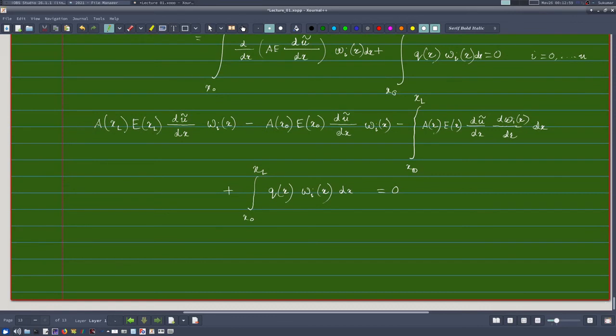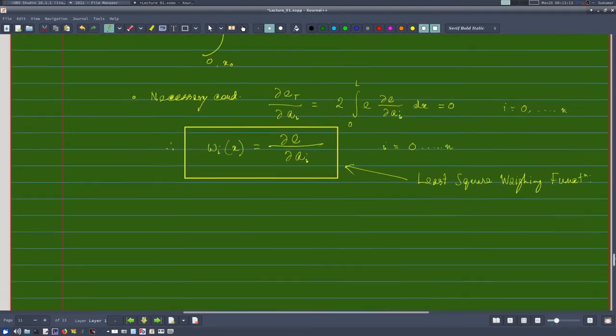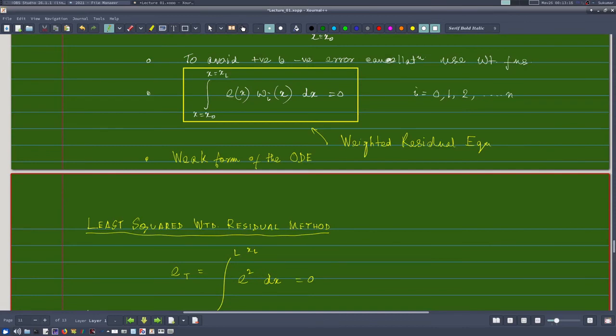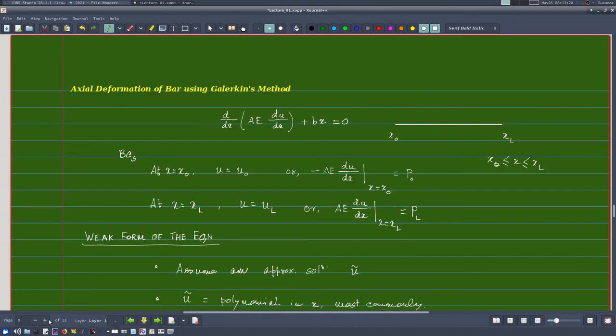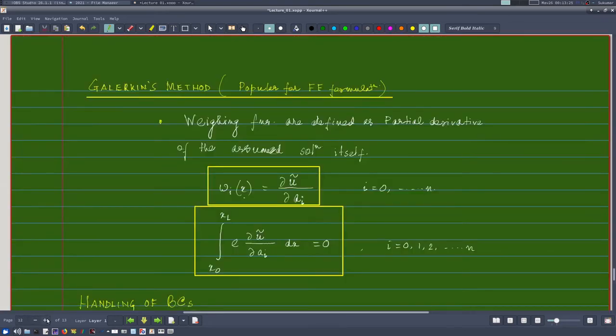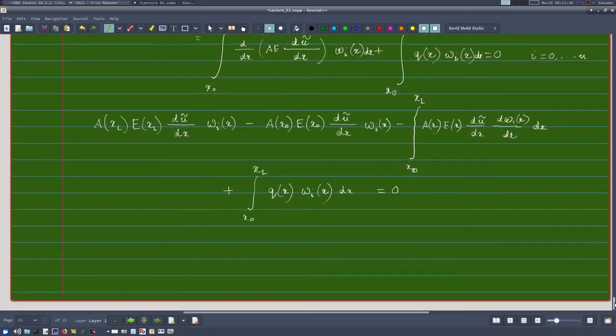So for our problem now, what is this? This is my force boundary condition at x equal to L, which I can say as P_L. If my force at x equal to L is P_L, I think we have shown earlier somewhere. Let me go back. Yes, these are my forces. So I can write these things in terms of those force values.